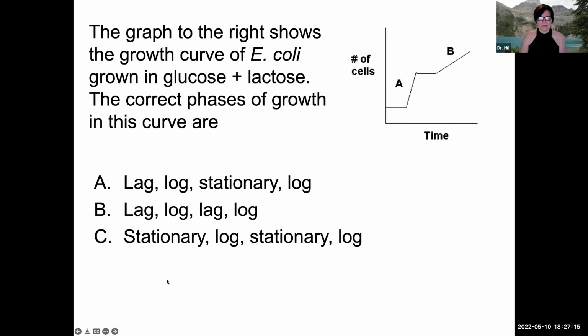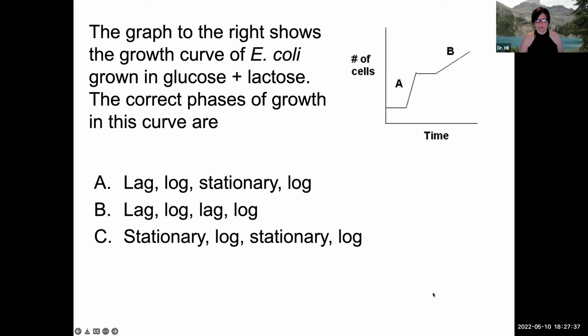Which of these best describes the phases of growth that they're in at these different time points? Is it lag, log, stationary, log? Is it lag, log, or is it stationary, log, stationary, log? A, B, or C?